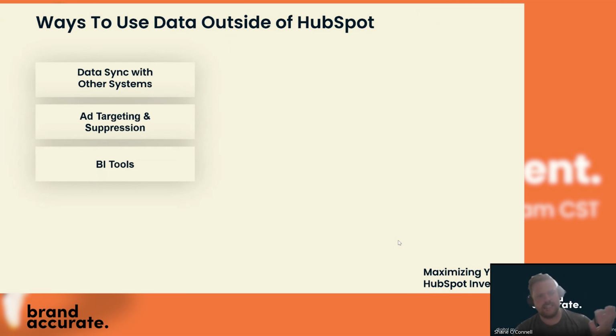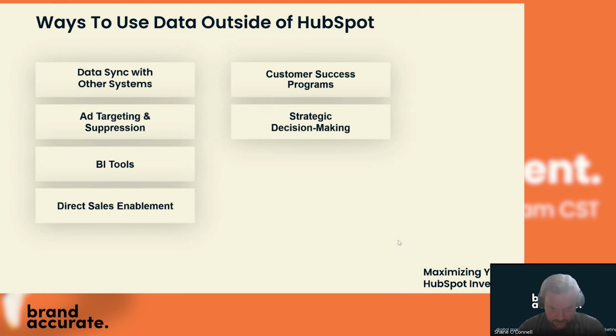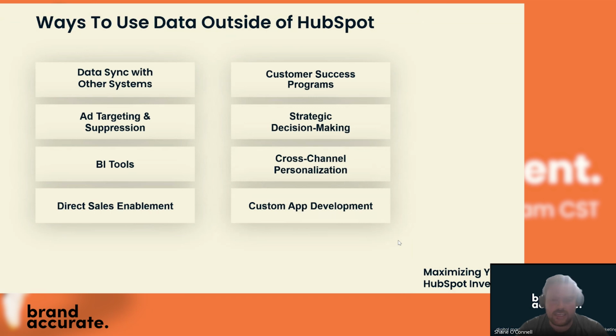BI tools, business intelligence tools, just like Microsoft Power BI, you could leverage the data in those tools as well. Direct sales enablement, customer success programs, of course, strategic decision making, cross-channel personalization, and then custom app development.